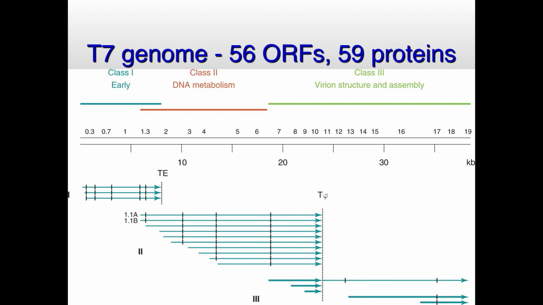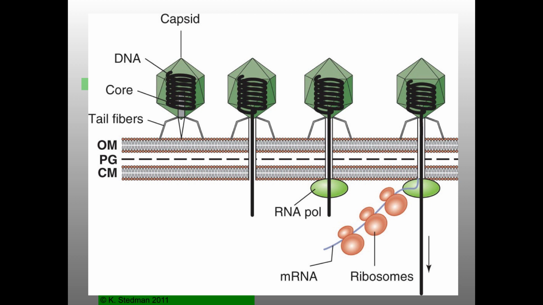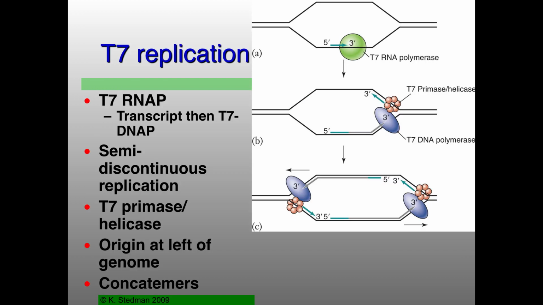So it binds, the genome is released, and again, this is the left-hand part of the genome. First, you have the cellular RNA polymerase, and then the viral RNA polymerase that pulls all the rest of the genome inside the cell. Didn't think I did a good job of talking about T7 DNA replication.